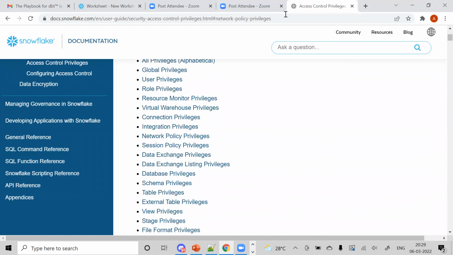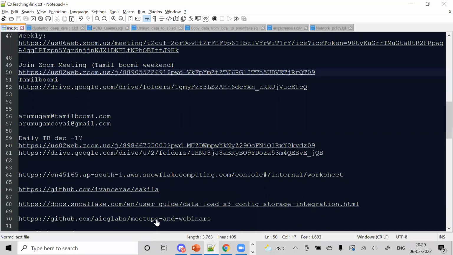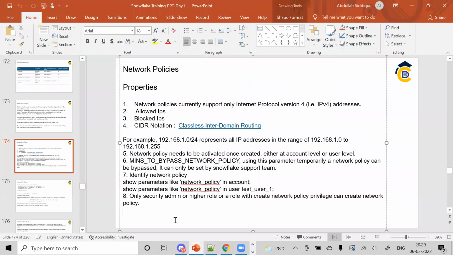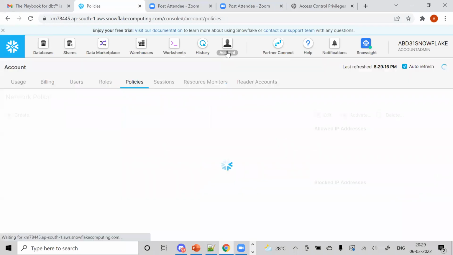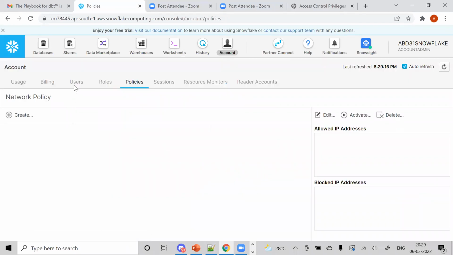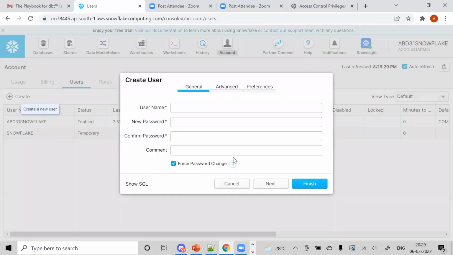So what we'll do is we'll try to create one network policy. And firstly, let me create some users. I will give each of you those users, and I'll ask you to log in. I'll create one for Shiva and one for Venkat.